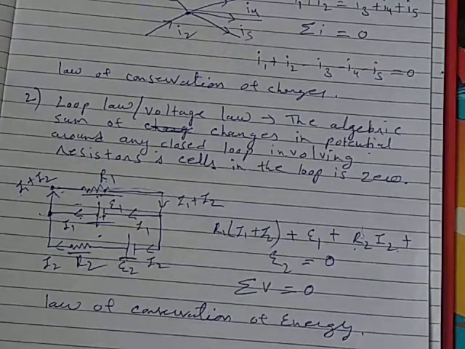Potential is energy per charge, which we have studied. So there is no energy loss during the motion of the current around the loop. These are the two laws: the first law is the current law, the second law is known as the voltage law. In the next slides we will take some questions based on the Kirchhoff rules. Okay, thank you.